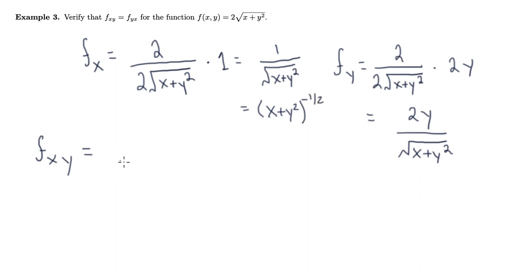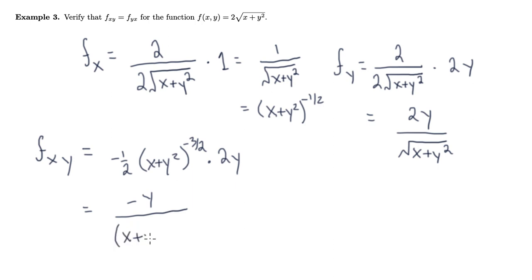So the derivative is negative 1/2 x plus y squared to the negative 3/2 times the derivative of the inside with respect to y, which is just 2y. Or in other words, the 1/2 cancels with the 2, and we have negative y over x plus y squared to the 3/2.